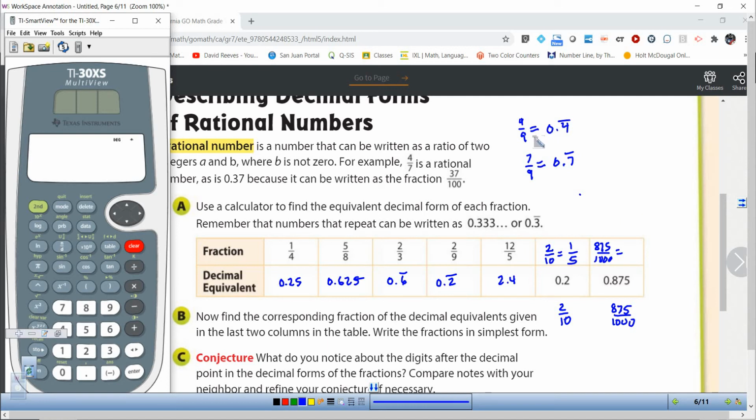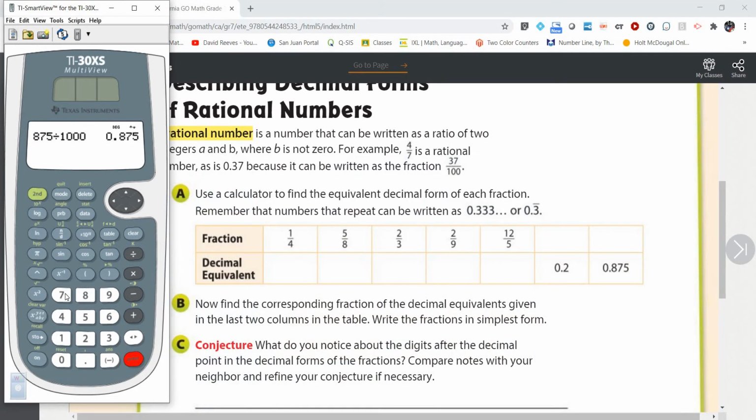What number do we know that goes into 875 and 1,000? All right, well, if you think money like dollars, $8.75 and $10, you can have those in quarters, right? So if I do 875 divided by 12, what do I get? All right. Oh, it doesn't go in evenly. Does that not reduce?